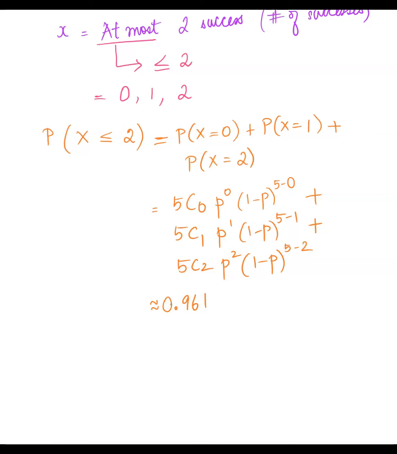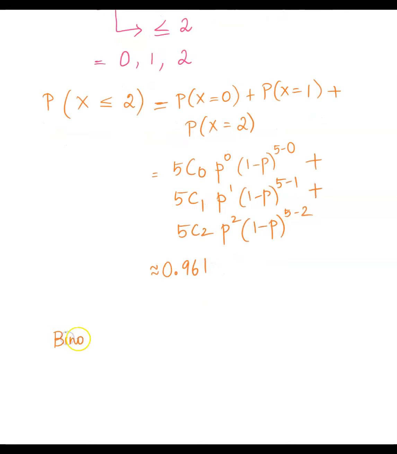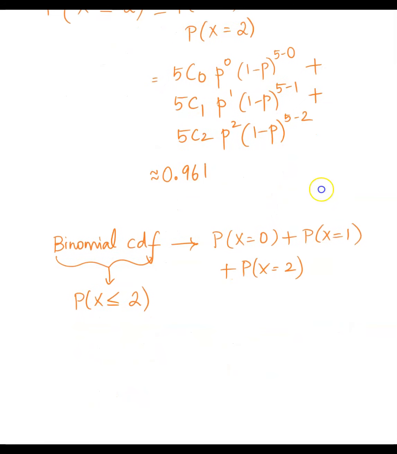Now, how do we use the calculator on this one? On a calculator, Binomial Cdf, that means it automatically does this. Because Binomial Cdf for this problem would be automatically calculating this.